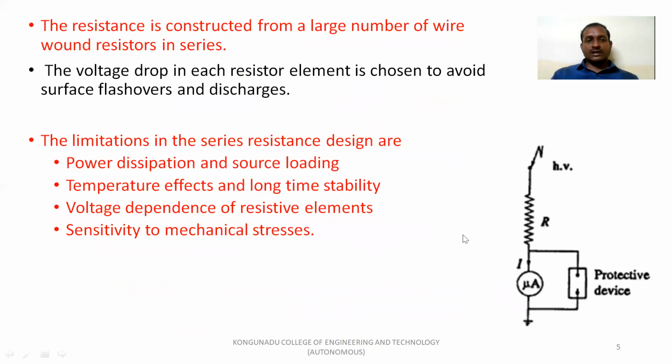Limitations are power dissipation and source loading, temperature effects and long time stability problems, voltage dependence of the resistive elements, and sensitivity to mechanical stress. To avoid these drawbacks, we go for other alternative methods.